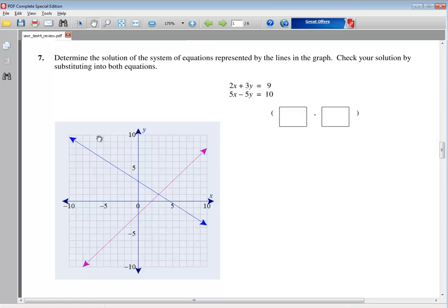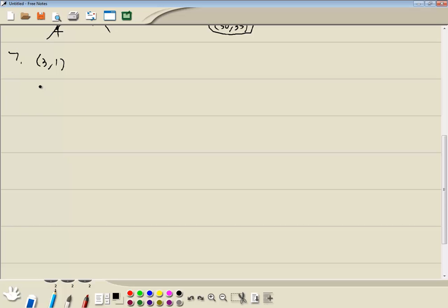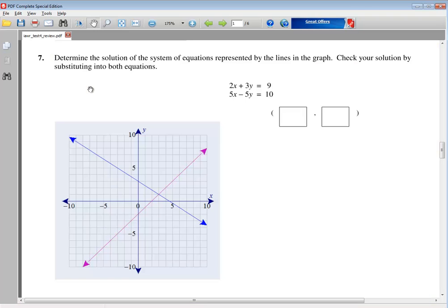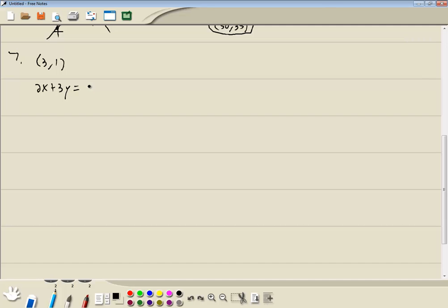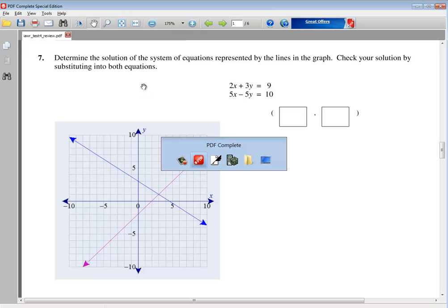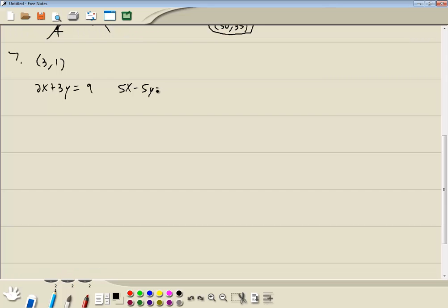Now what they mean by checking your solution by substituting into both equations, we got 2x plus 3y equals 9. And we got 5x minus 5y is equal to 10. When they give us a point, they're giving us the x and they're giving us the y.